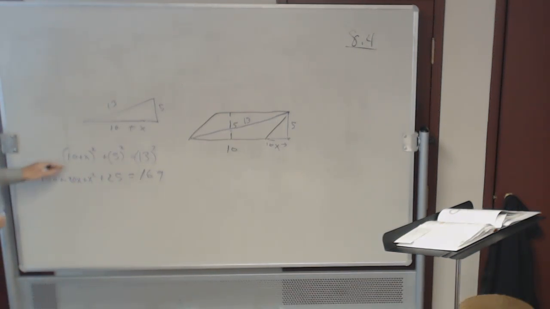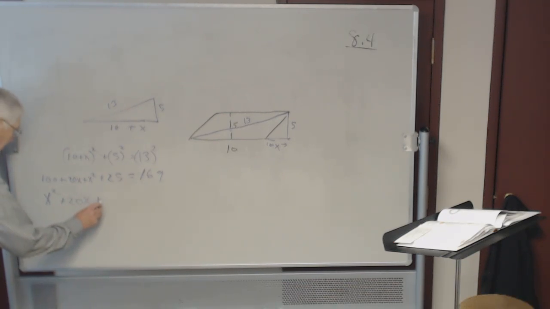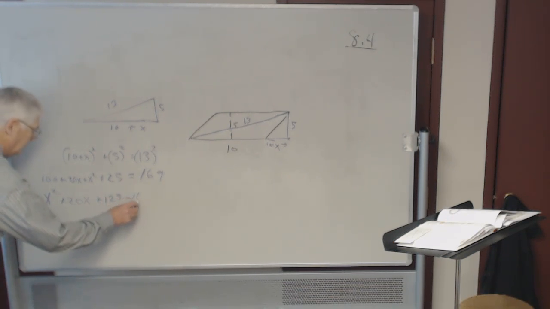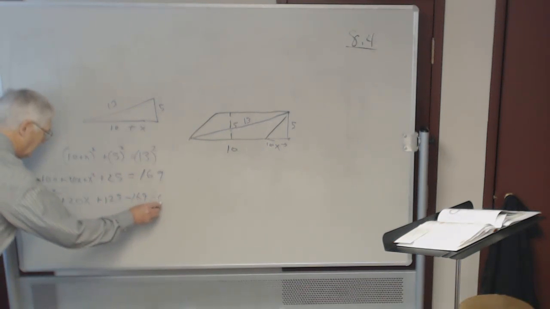Does everyone remember how to do that binomial multiplication stuff? So now let's turn this around and go x squared plus 20x plus 125 minus 169 equals 0.